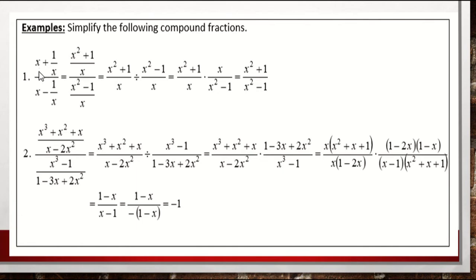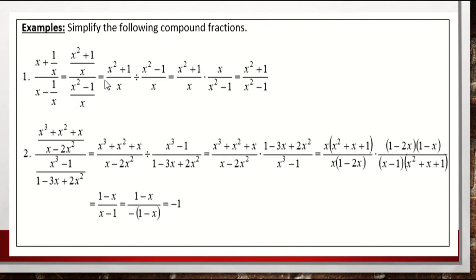X divide 1 is x times x is x squared. X divide x is 1 times 1 is plus 1. Over, in the denominator, our LCM is x. X divide 1 is x times x is x squared. X divide x is 1 times negative 1 is negative 1.